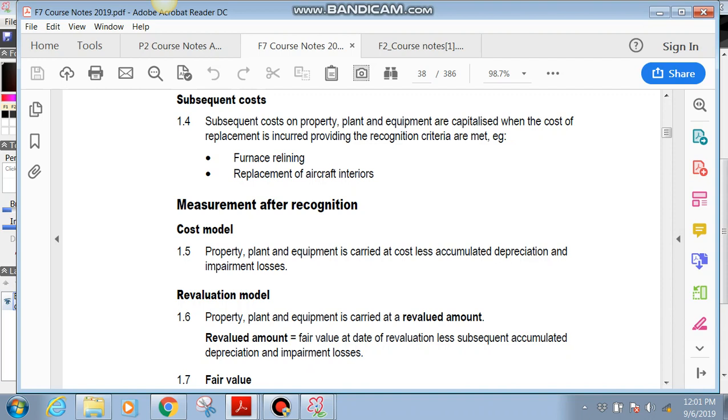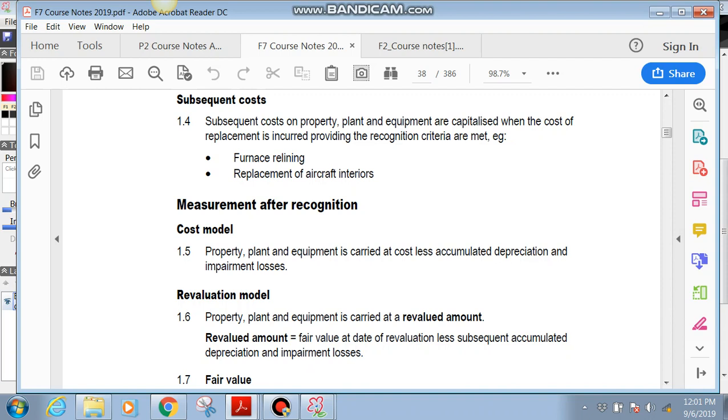After measurement and recognition, we have measurement after recognition. Now, from recognition, the entity is required to depreciate the asset over the useful life.